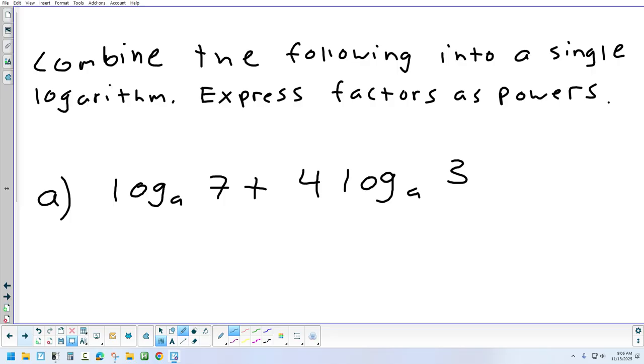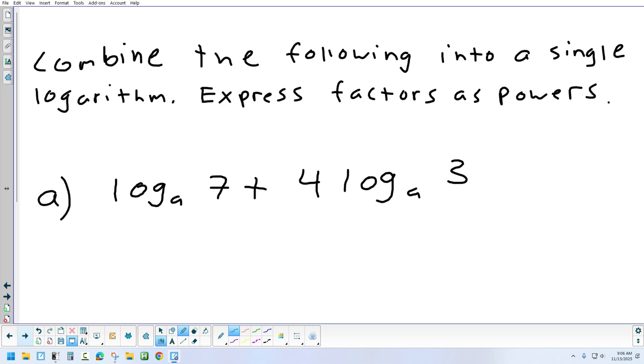So what do you think the first thing we would do here to get this ready to start combining back together? Yeah. Write the base, find the common base. Okay, so yeah, the base is going to be log base A.